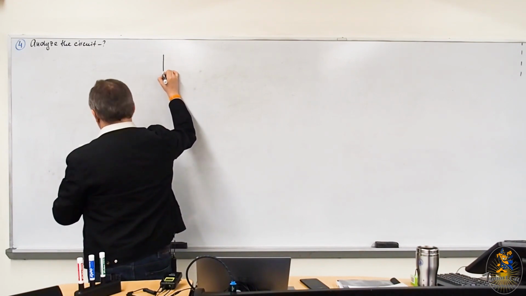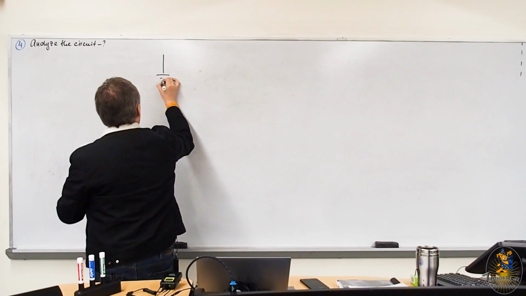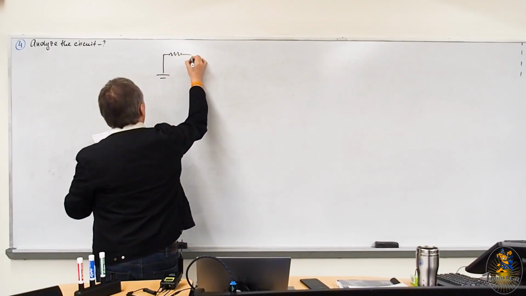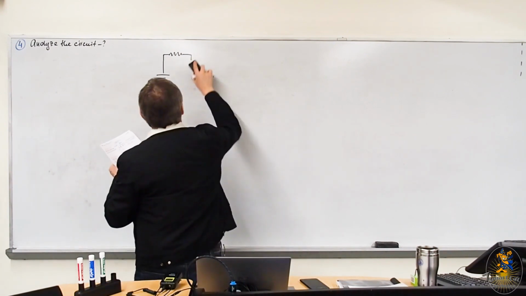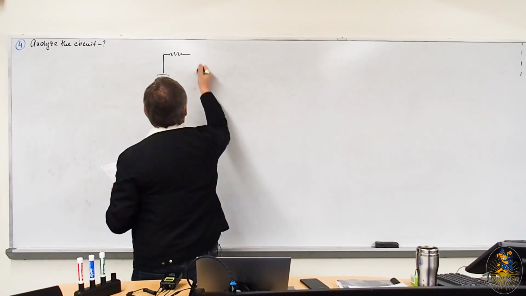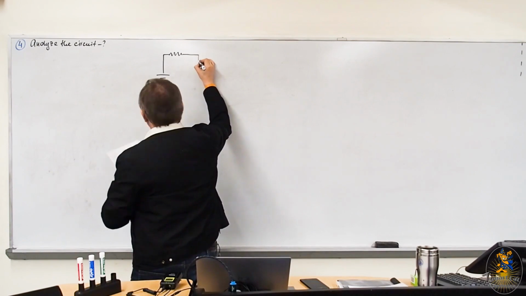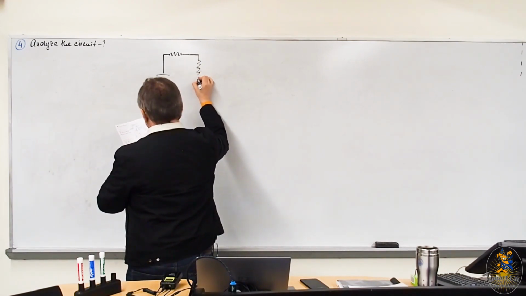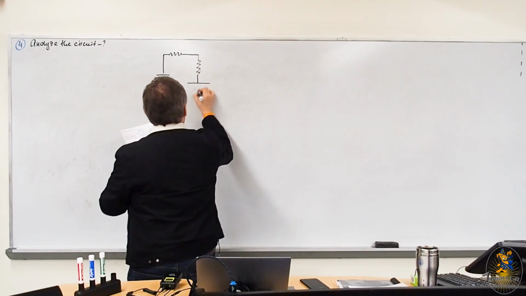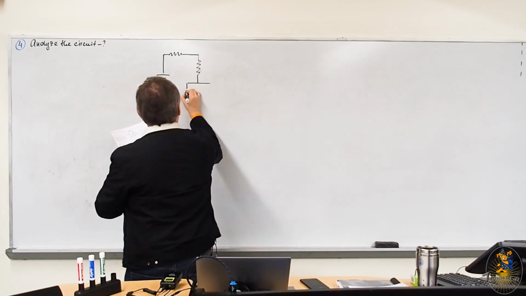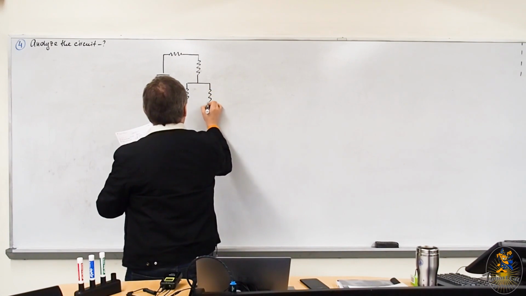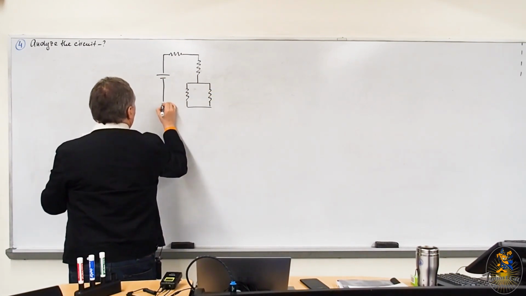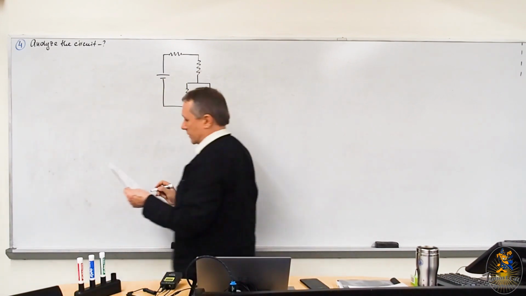So first, the battery, then the first resistor, then, you know what, I need to step slightly away more. Then the second resistor, then a junction point, and there are 2 more resistors connected like this and like that.